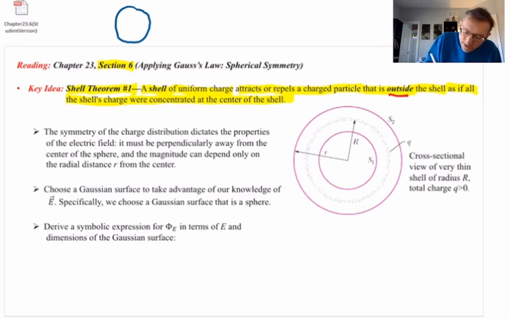And it's got some net charge, let's say plus Q, that's smeared out evenly over its surface. And then someone has come along with a point particle, let's say big Q. Doesn't matter, right? And I want to know the electrostatic force that's going to be acting on big Q from the Q of the shell.